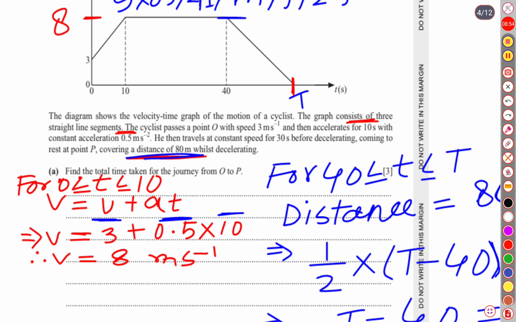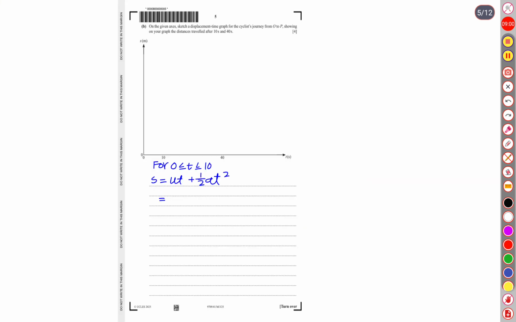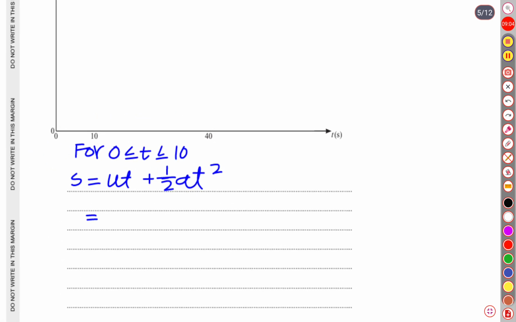So we can substitute these values. s equals 3t plus half into 0.5, that is half, t squared. Actually we only need to know the shape of the graph, not the exact value yet.